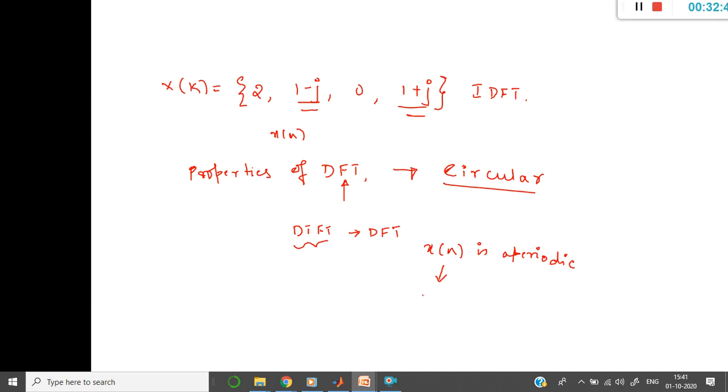Hence we applied the DTFT for this. When we applied the DTFT, we got x of e power j omega, and this signal was a periodic signal, right?